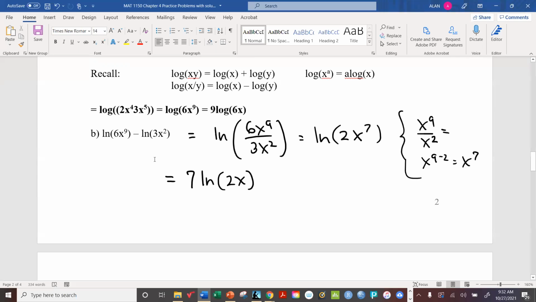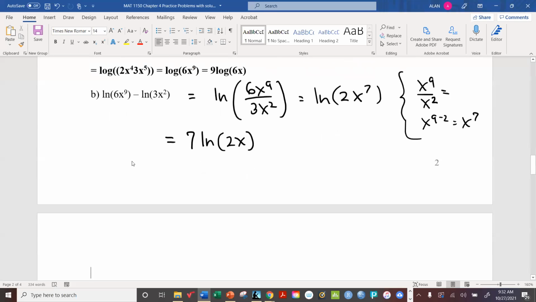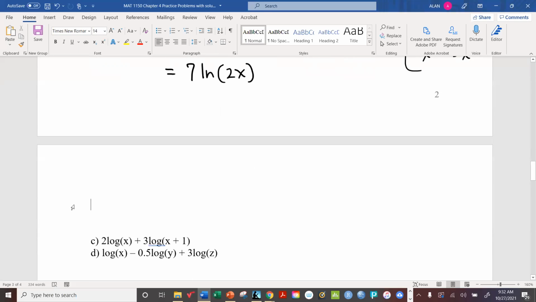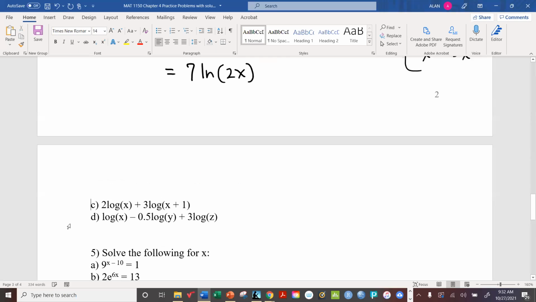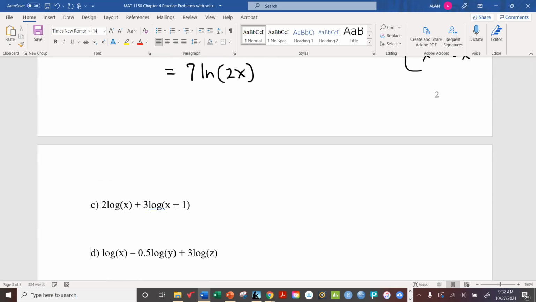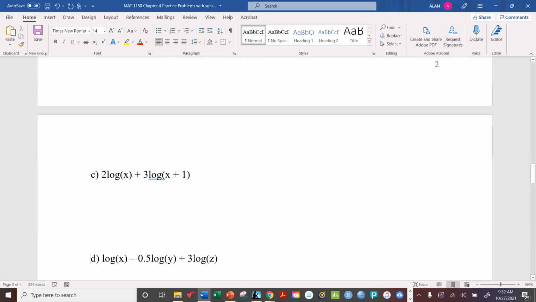Okay, let's see. Now, something like this, you may have to work it backwards. But keep in mind, you can always do these in multiple ways.